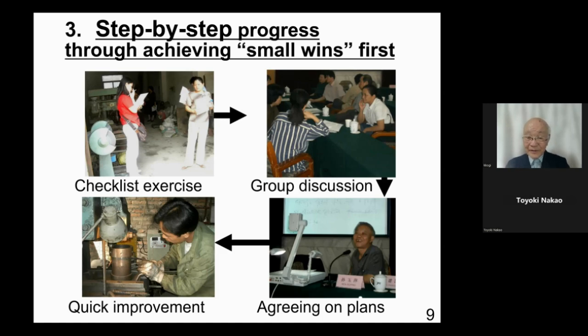The people can agree on plans, and that can be shown by the use of slides, and then people can agree on immediate improvements. That can be followed by quick improvement. And this process is similar in different sectors, and we can assure you that this process can be quite successful indeed.